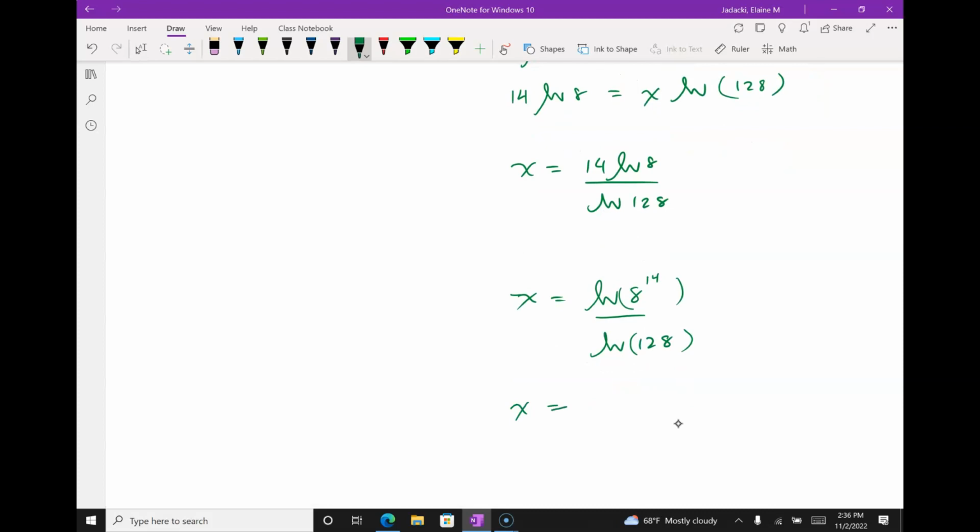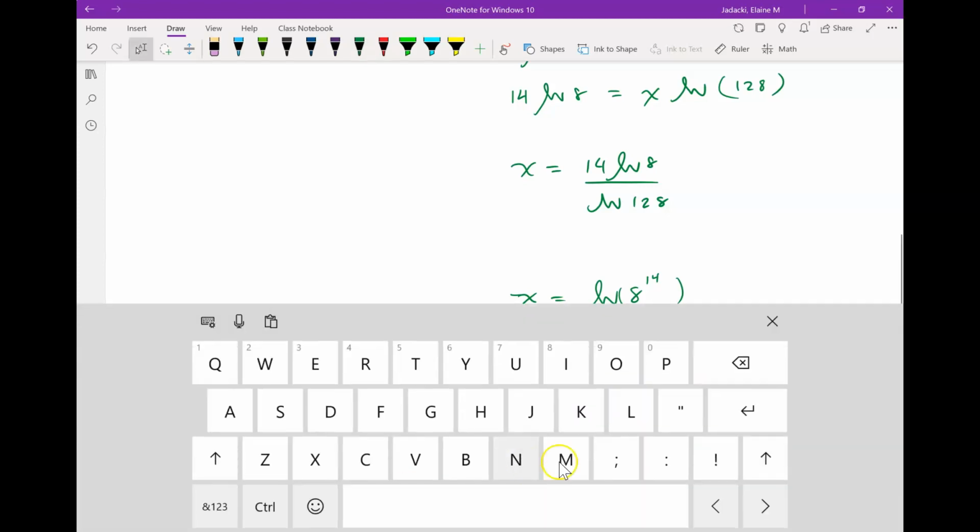We can write it as a single log, log base 128 of 8 to the 14th. Or we can approximate it, and watch what I do.